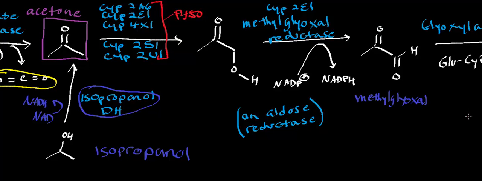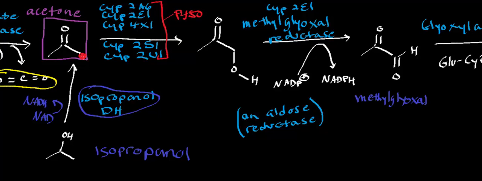I highly recommend that you go watch the video on the P450 catalytic cycle so you can understand what they're doing. But effectively, what P450s do in this case and many other cases is they perform hydroxylation reactions. So if you look at this carbon right here on acetone that I'm highlighting in red, the P450 enzymes 2A6, 2E1, 4X1, 2S1, and 2U1 are going to hydroxylate that position.